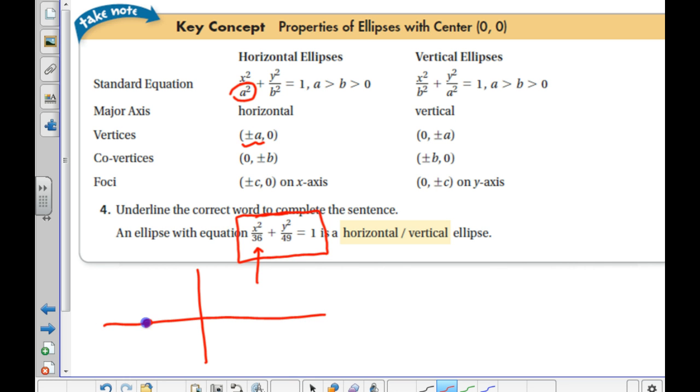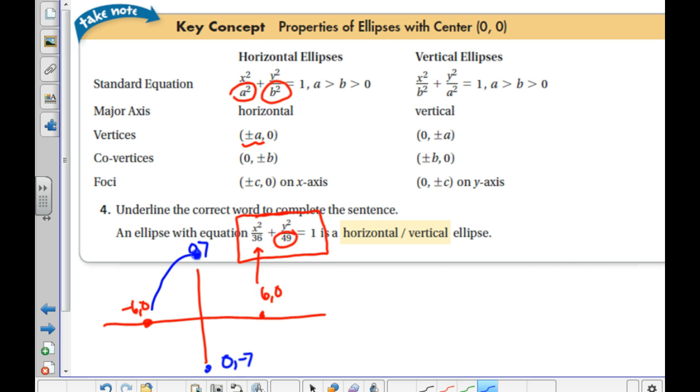So it goes to -6, 0, and 6, 0. Then underneath the y is b squared. In our case, it's a what? 49. So it goes up how far? B would be 7. So we go up here to 7. Down here to 7.